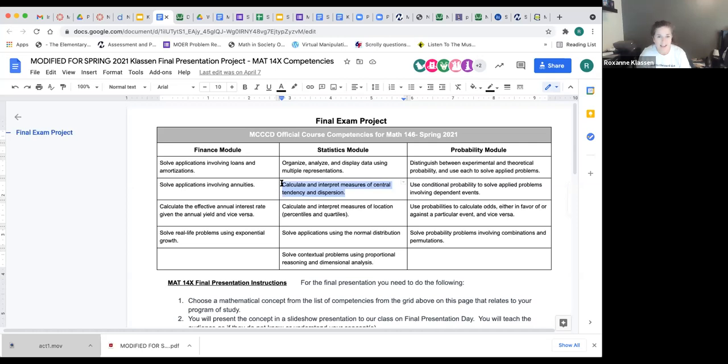And she also talks about calculate and interpret measures of location, percentiles and quartiles, because you talk about percentiles in your presentation. So you could list them all, but then you might be focusing on one of those.